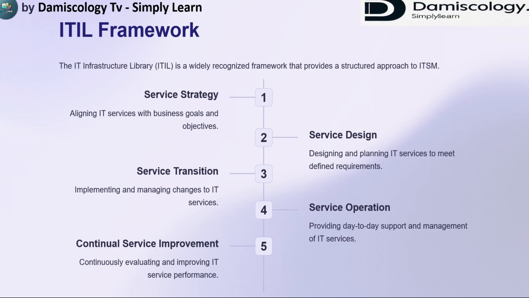And IT services can come in different forms. IT services can come in the form of applications. IT services can come in the form of infrastructure. IT services can come in the form of IT requirements, IT products. So these are different forms with which IT services can come in.